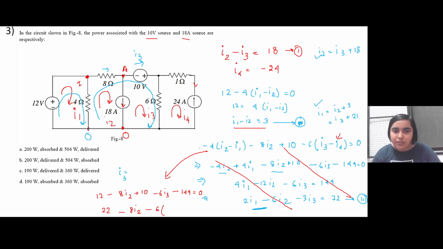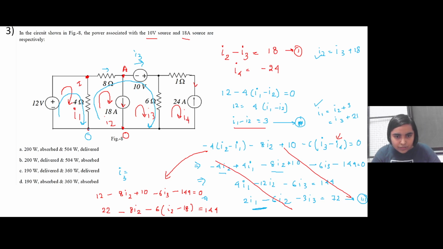Let us replace I3, which will be I2 minus 18, equal to 144. 6 into 18 is 108.